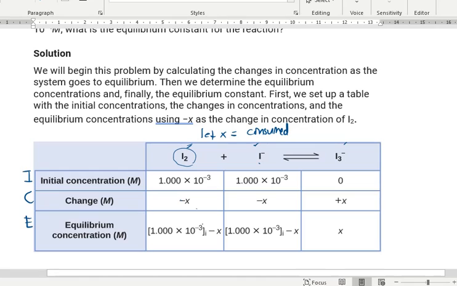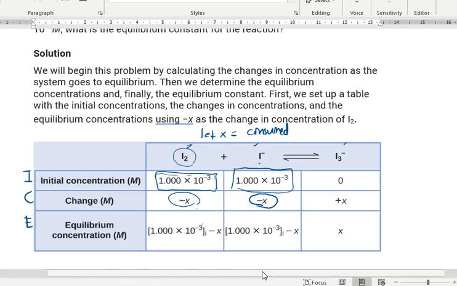Okay? So your initial, initially you have this. And it changed with this. X amount of I2 was removed. Okay? So it's the initial minus the x. And then your I minus, from the initial concentration of 1 times 10 to the minus 3, changed by minus x.